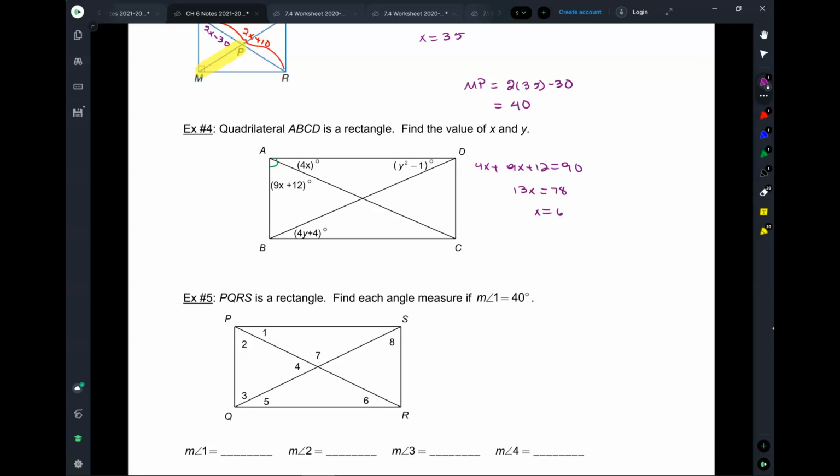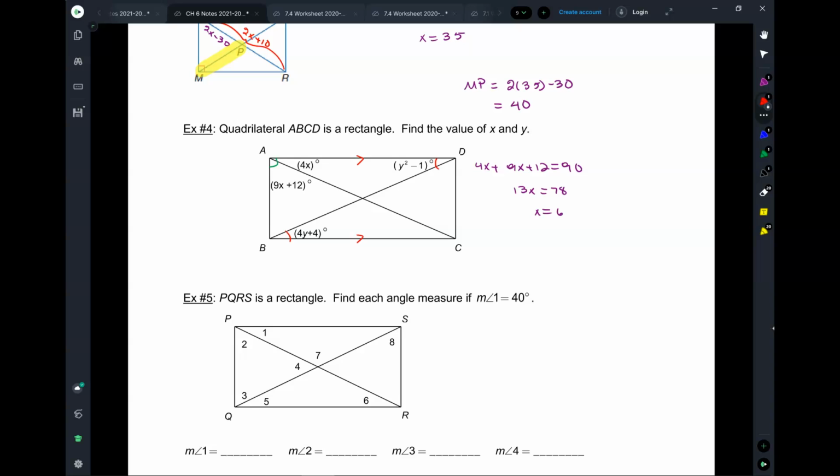Okay. What am I going to do about the y's? Yeah. You set them equal to each other. Why do we know that they're equal to each other? Well, because we know that the sides are parallel, so the diagonal is a transversal.